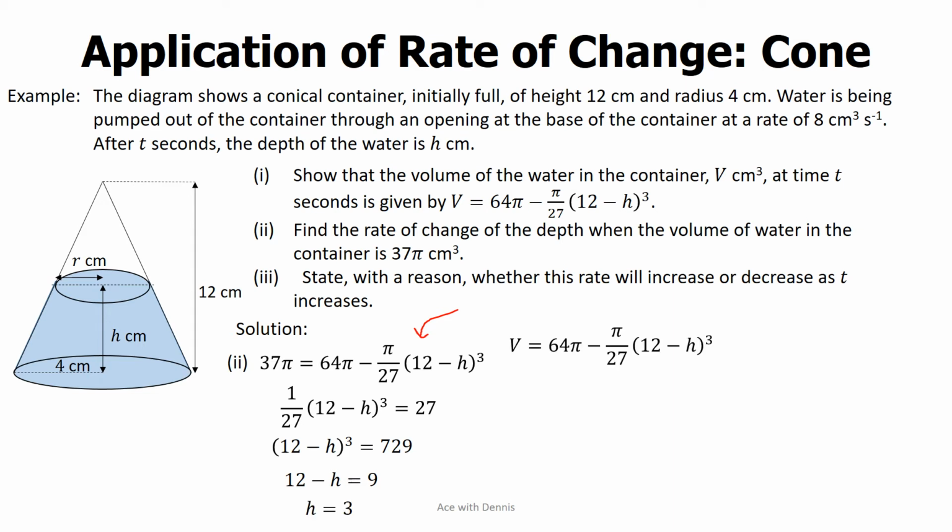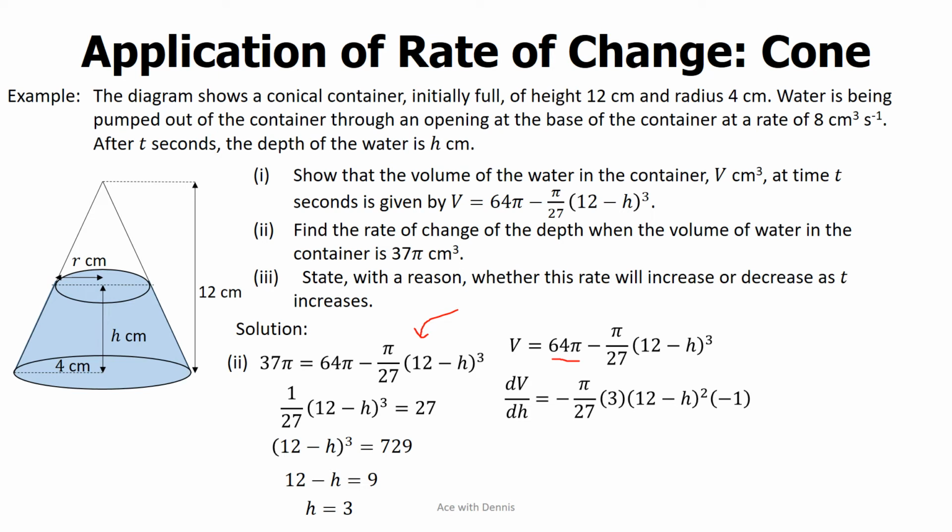Now the volume equation is 64 pi minus pi over 27 times (12 minus h) cubed. So we differentiate: dV over dh equals negative pi over 27 times 3 times (12 minus h) squared times negative 1. How do we get this? Look at the equation of the volume. Differentiating the constant, we get 0.